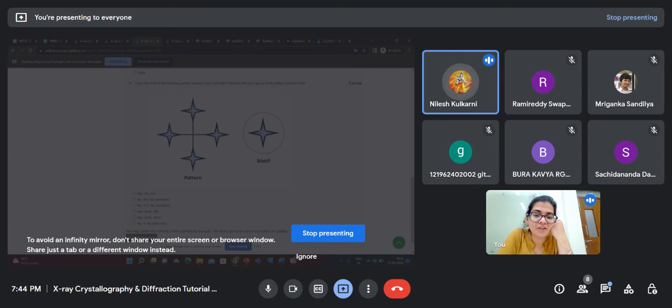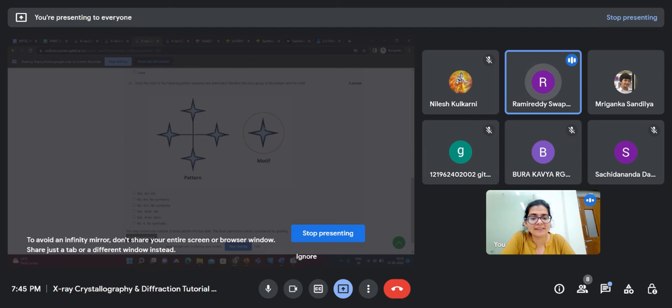Around the vertical axis or horizontal axis, yes, this is true, but you have to tell which fold axis. Just by seeing, you are telling, right? By seeing we can tell, but since we are science students, we should be more specific about which fold rotation axis is present.